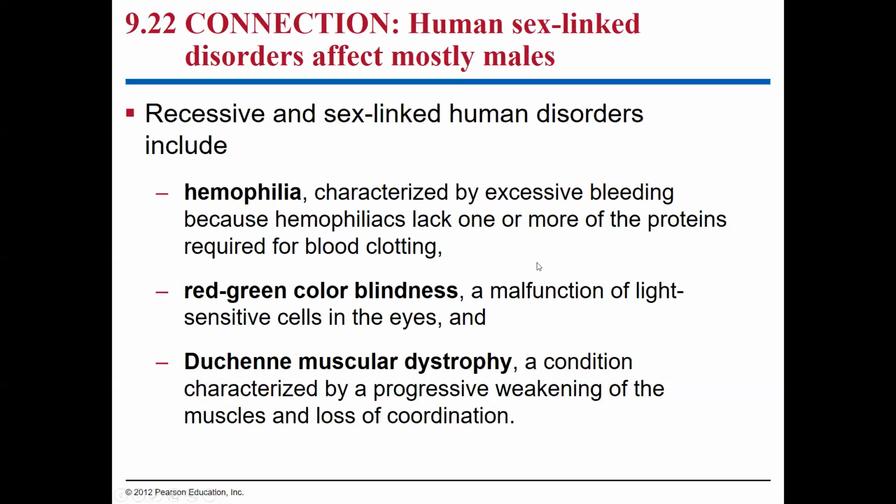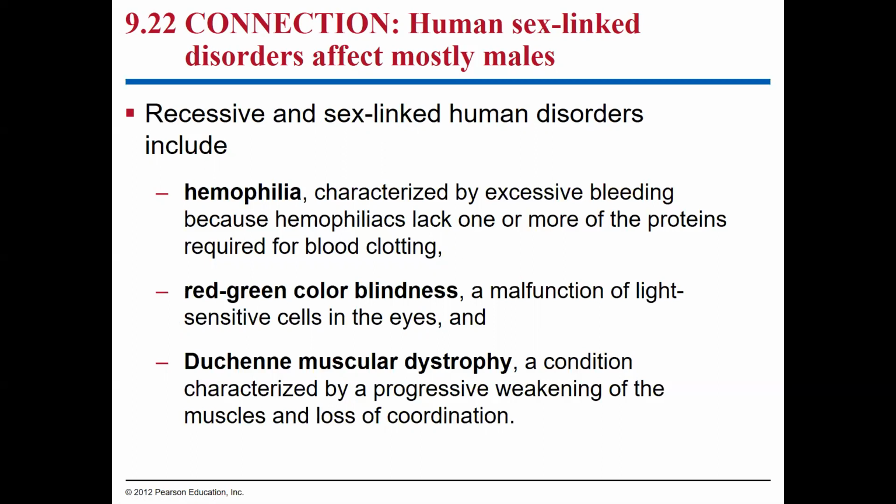Some recessive sex-linked human disorders include hemophilia, where hemophiliacs lack one or more of the proteins that are required for blood clotting, so they have excessive bleeding. It takes them longer to clot their blood.